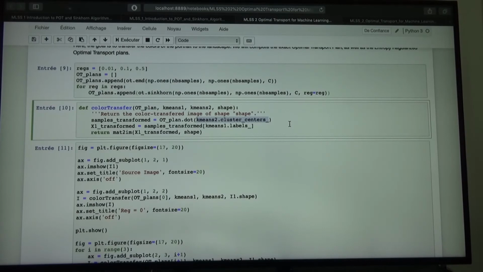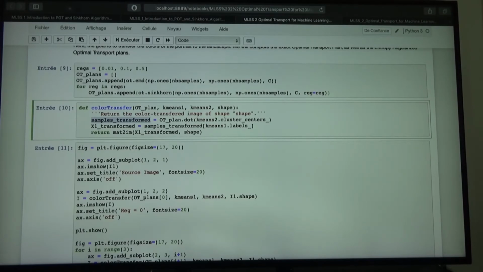And now we have this samples transformed variable that tells you how the centroids have been transformed. That's the transformation of the centroids. But we're not really interested in the transformation of the centroids themselves, right? We're interested in the transformation of all the pixels of the original image, not the centroids. So for each pixel in the first image, each color in the first original image, we say, okay, this pixel is in this cluster.